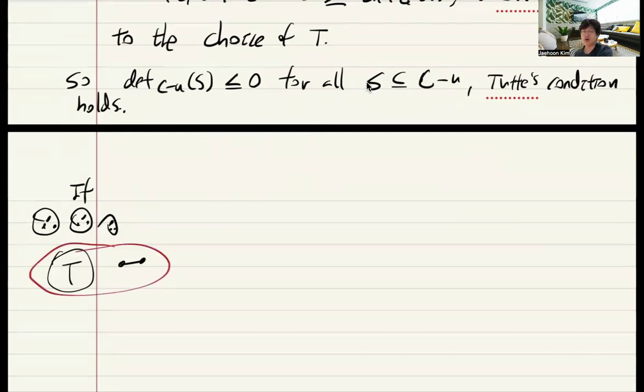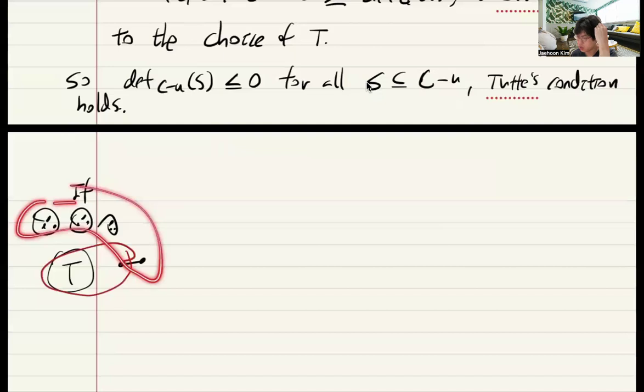Then the set contains T. Then the deficiency is the same, the number of odd components. No, sorry, I was wrong. You take this set. You add one vertex to T, then T gets 1 larger, you get 1 more odd component, so the deficiency is the same, and you get a bigger set.